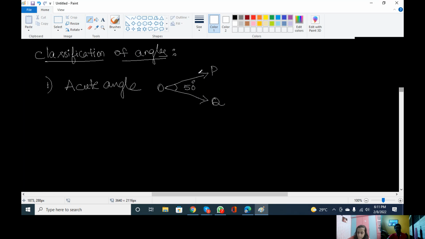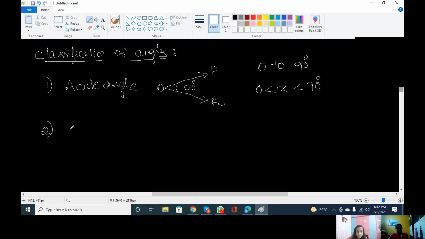An angle whose measure is more than 0 degrees and less than 90 degrees is called an acute angle. Just now we discussed that an angle can be measured with the protractor, right? When you measure the angle, if you get the measurement in between 0 and 90 degrees, it should be more than 0 degrees and less than 90 degrees, then we call it an acute angle.